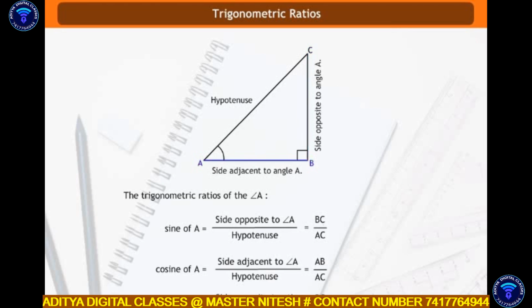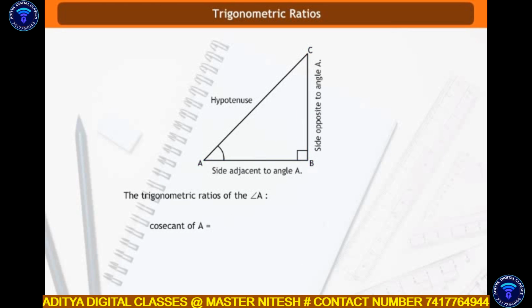BC by AB. Cosecant of A is equal to 1 by sine of angle A, which is equal to AC by BC. Secant of A is equal to 1 by cosine of angle A, which is equal to AC by AB. Cotangent of angle A is equal to 1 by tangent of angle A, which is equal to AB by BC.